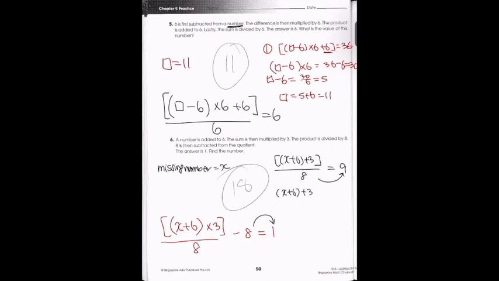So x plus 6 times 3, not plus 3, sorry, is going to be 9 times 8, which is 72. And so x plus 6 is going to be 72 divided by 3, which is going to be 24. And so x is going to be 24 minus 6, which is 18. And so the missing number was 18.